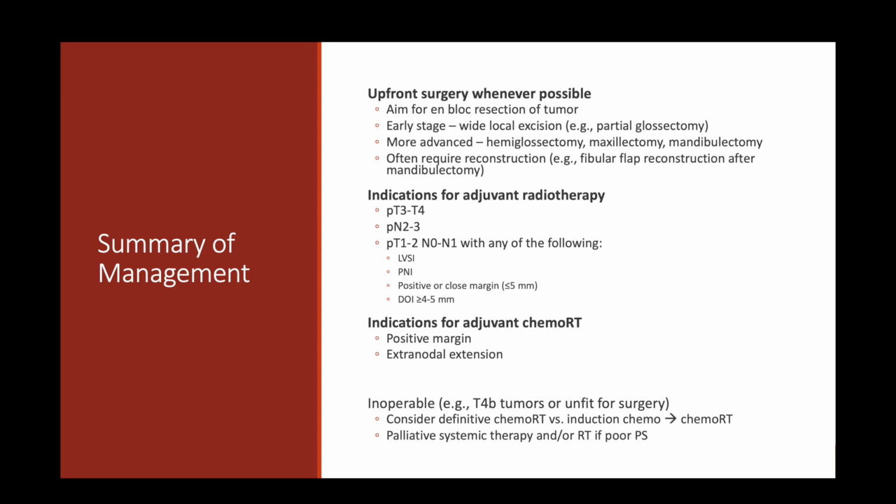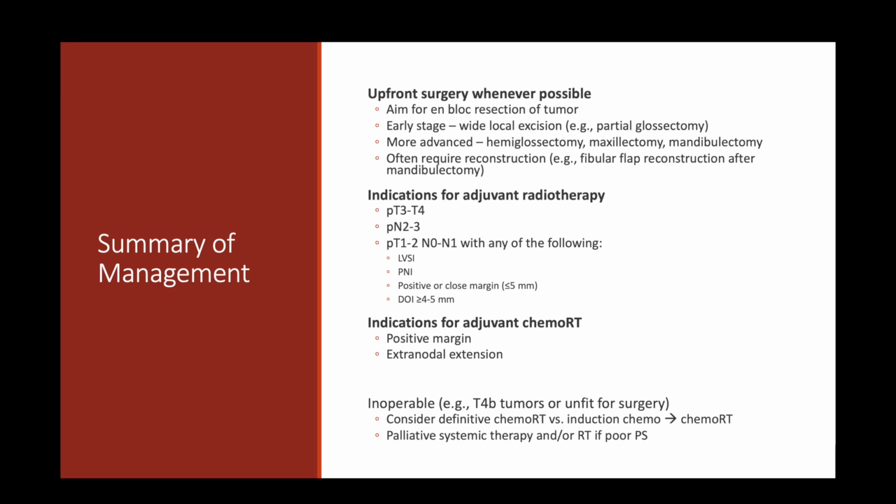And oftentimes these tumors leave a significant defect that requires reconstruction. So if there's a mandibulectomy that's performed, patients might have a fibular flap reconstruction where surgeons actually take a segment of the fibula and use it to reconstruct the mandible after the cancerous part of the mandible has been removed.